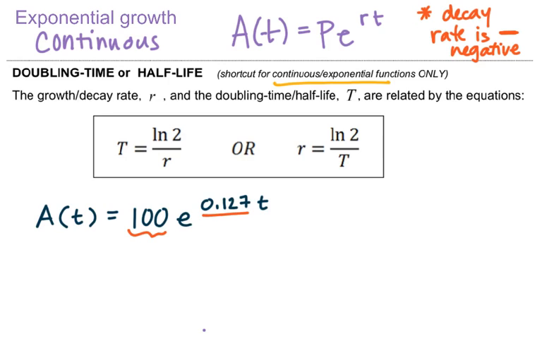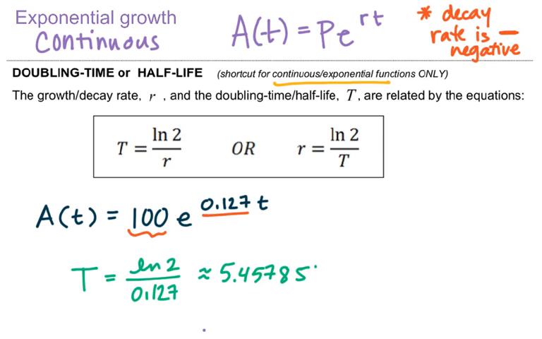We solved it as a long problem, but I just want to show you here we could use a shortcut. If you were solving that, all you would need to do is say the doubling time t would be natural log of 2 divided by 0.127. And evaluating that in my calculator, I get the same number, 5.457851815.